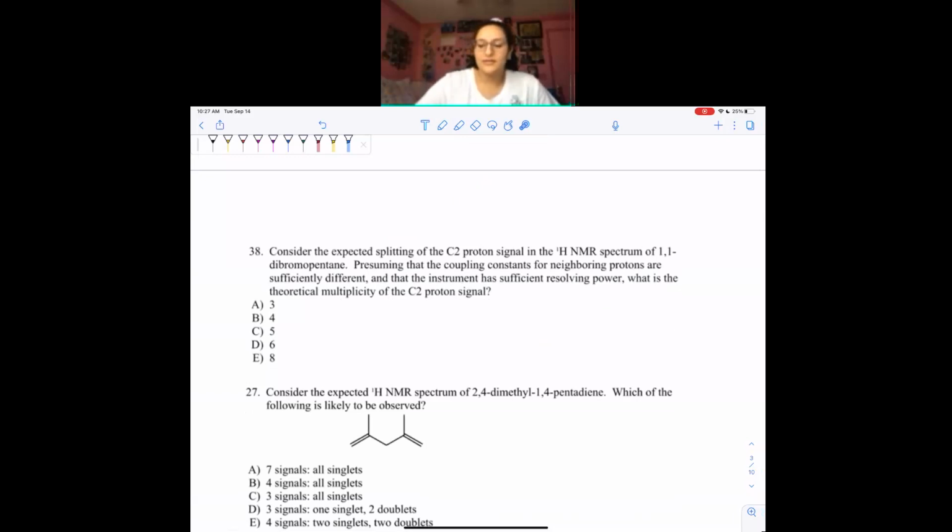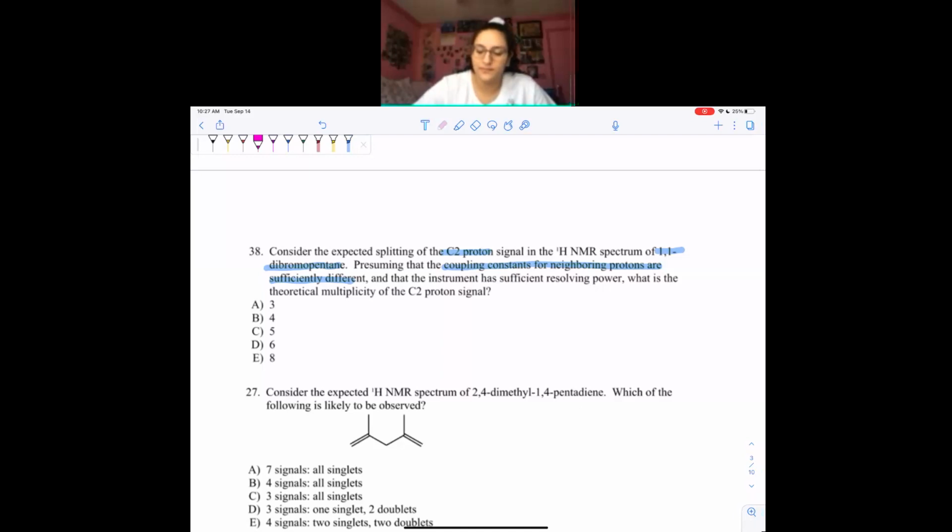All right, so all you have to take away from this big long thing is you're looking at carbon number 2. We're looking at 1,1-dibromopentane. And we're saying that the coupling constants are sufficiently different.